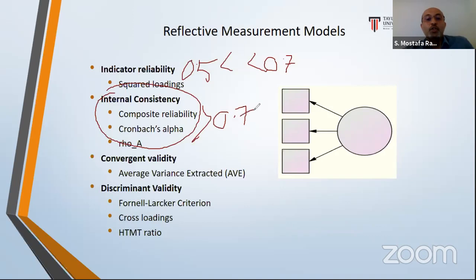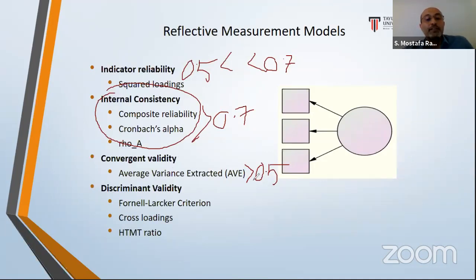These should be higher than 0.7. Another criterion, for convergent validity, is average variance extracted, which should be higher than 0.5 to establish convergent validity.